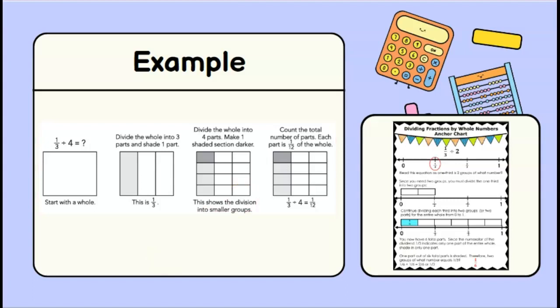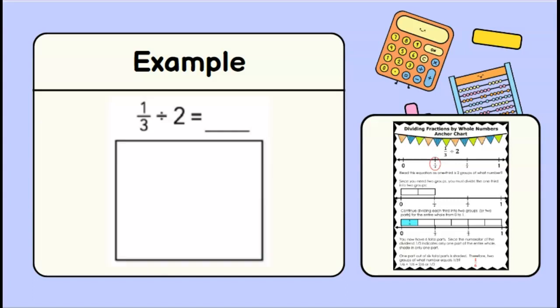So let's look at the same problem, but as an area model. So again, I'm going to look at my denominator, and I'm going to divide my shape into that many pieces. In this case, it is 3. And then I'm going to shade one of those pieces. This represents the fraction 1/3.